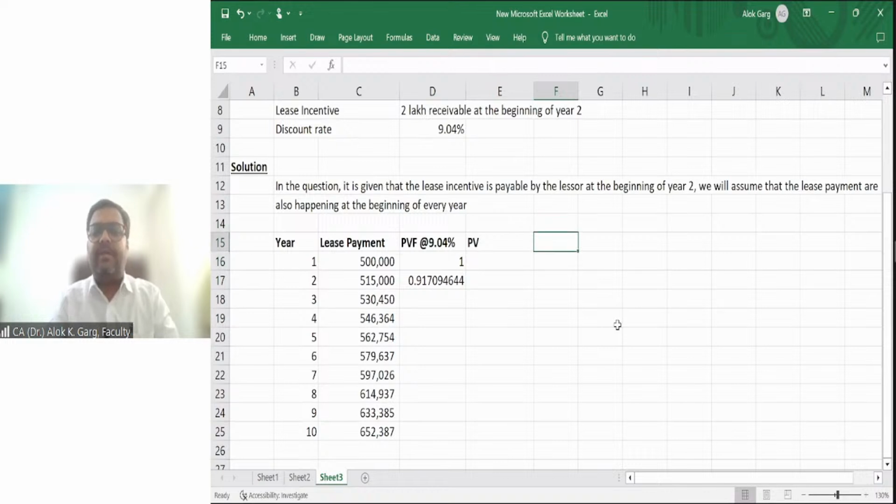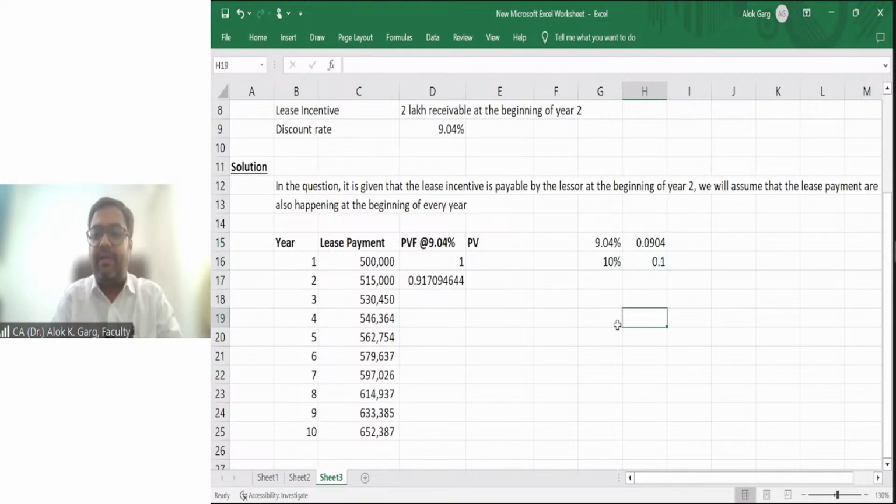So how have I calculated 9.04%? Simple. If you convert this percent into a number, it comes out as 0.0904, right? So 1 divided by 1.0904. I have added just 1 here. Let's say if it is 10%, what is the meaning of 10%? 0.1, right?